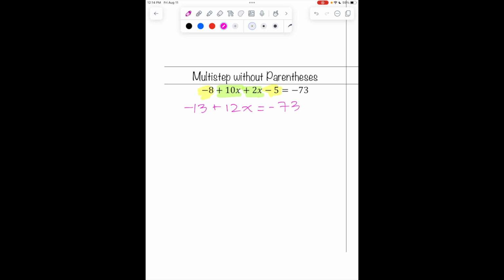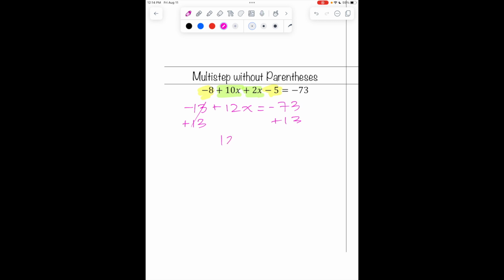I could spell out these two steps, so I did two steps here with combining the two sets of like terms. I could break those into two different steps, but it's not necessary. So now I've got a two-step again. I'm going to take care of that negative 13. So add it to both sides.